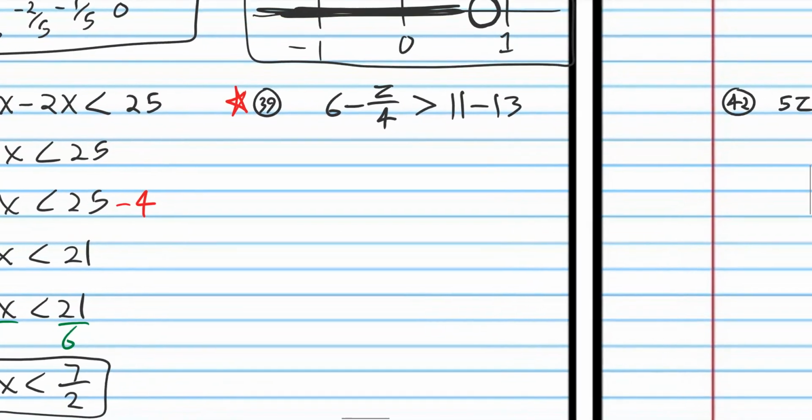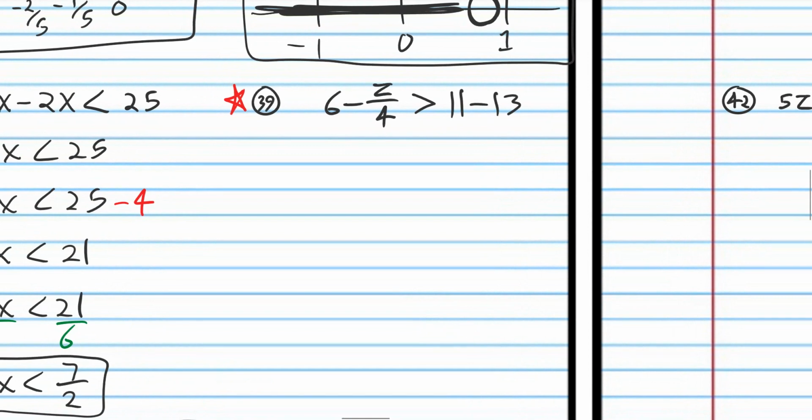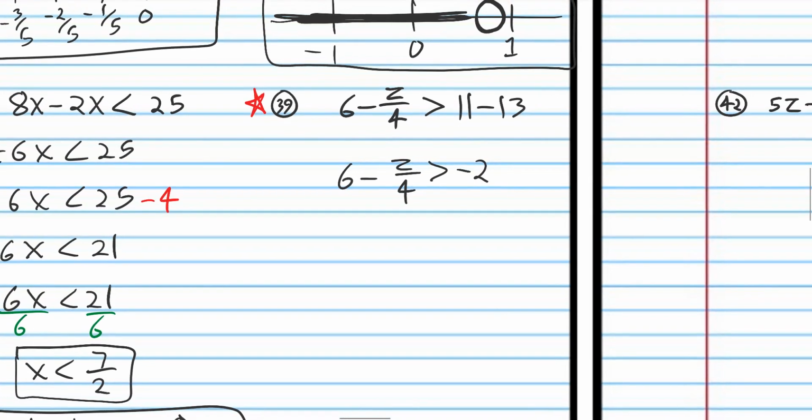All right, number 39. Something different is going to happen here. Let's see what's going to happen. It's probably just because we have a negative on the fraction over there. So it's important to understand that negative goes with the fraction.